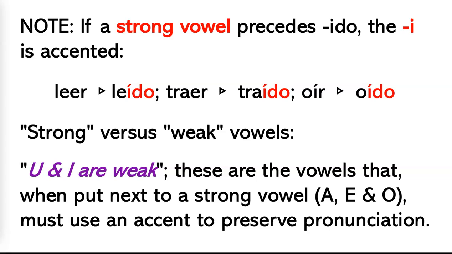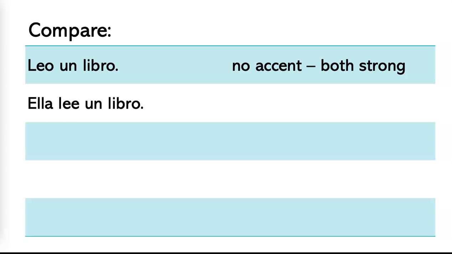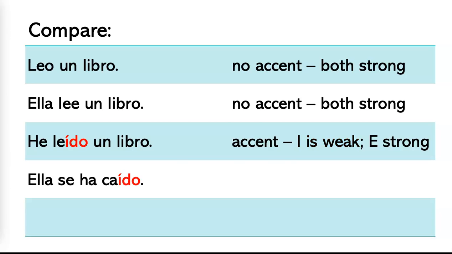Now study this following chart. Leo un libro, no accent because both E and O are strong. Ella lee un libro, similarly no accent because both vowels are strong. He leído un libro. Now we need an accent because the I is weak, whereas the E is strong.